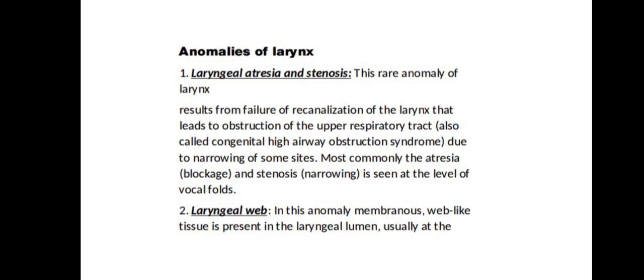Now we move to the congenital anomalies of the larynx. So we have laryngeal atresia and stenosis. What is atresia? Atresia is the complete blockage or the obliteration of the continual lumen by several factors, while stenosis is the narrowing of the lumen, maybe caused by the compression of the aortic arch or any other thing.